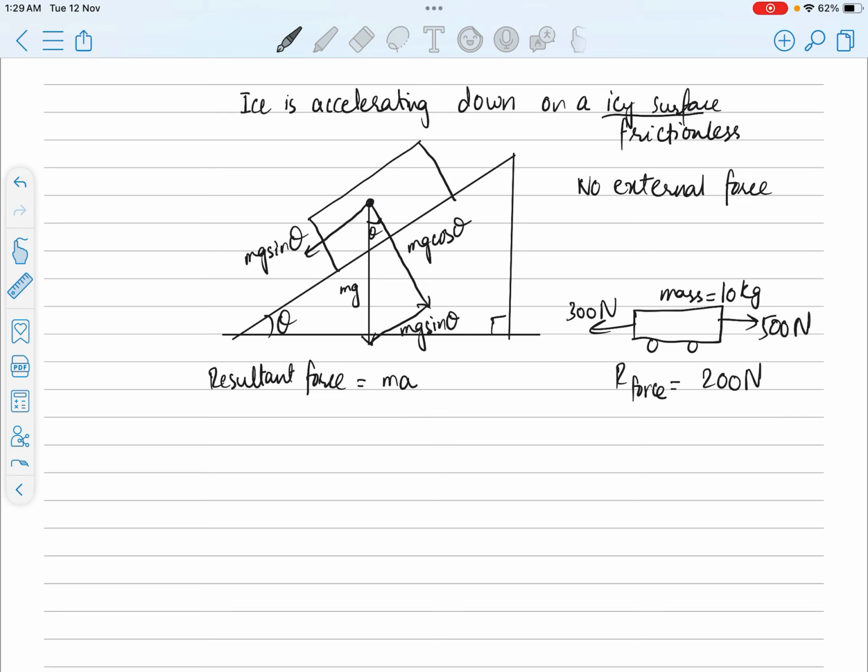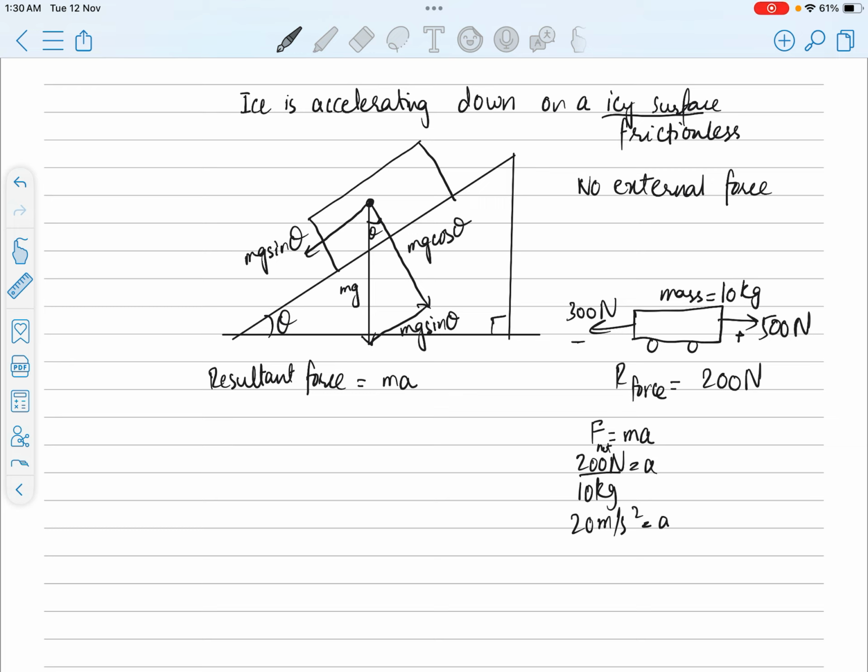Forward force is plus 500 newton, backward is minus 300 newton because the vectors are in opposite directions. F equals ma. F resultant, the net resultant force, 200 newton divided by mass 10 kilogram, so 20 meter per second square will be the acceleration.